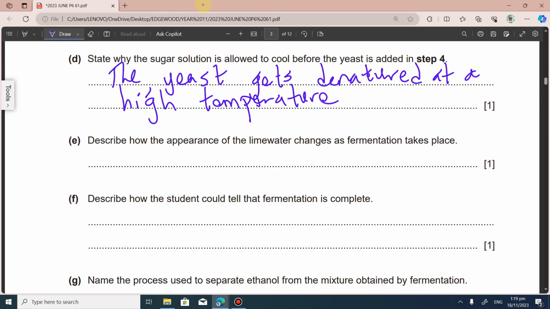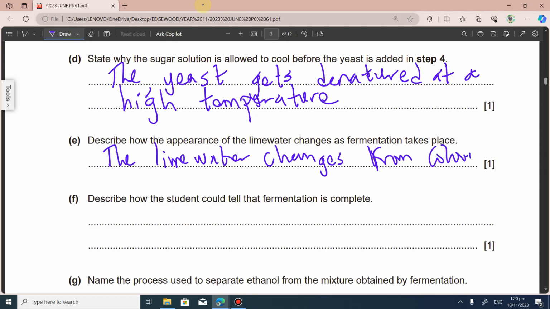The lime water changes from colorless to a milky or cloudy color. Once it comes in contact with carbon dioxide, it changes from colorless to a milky color.